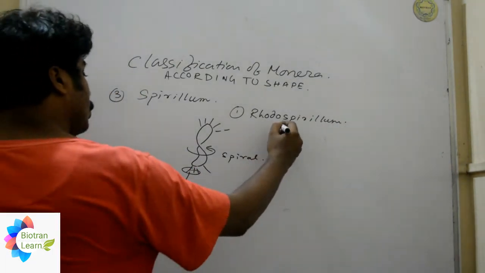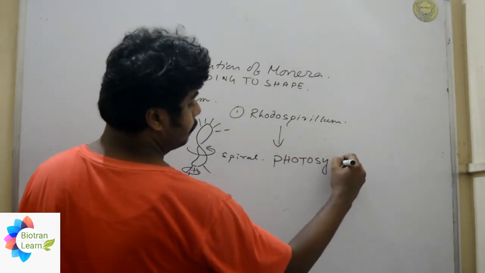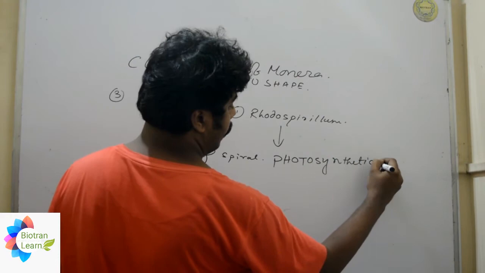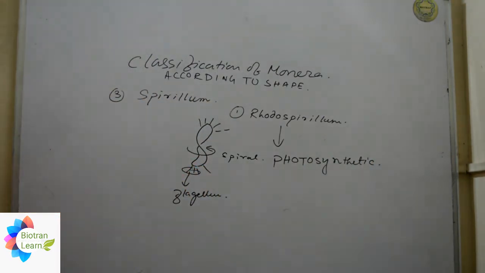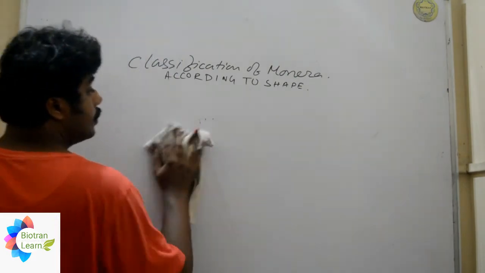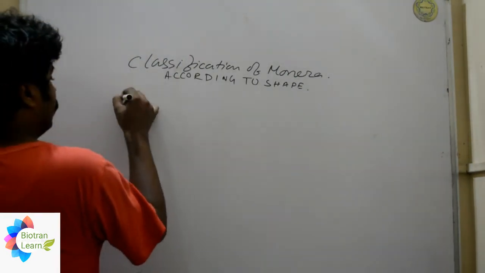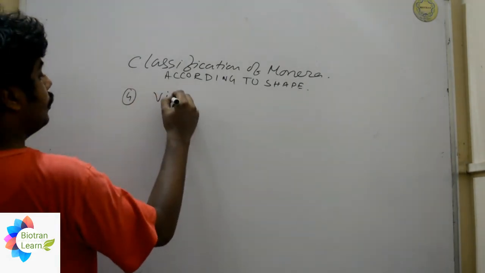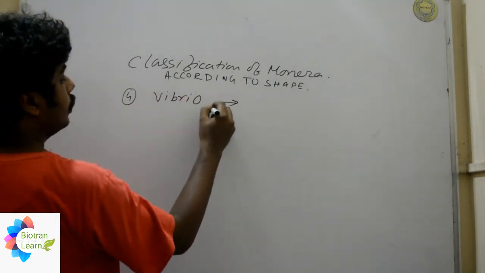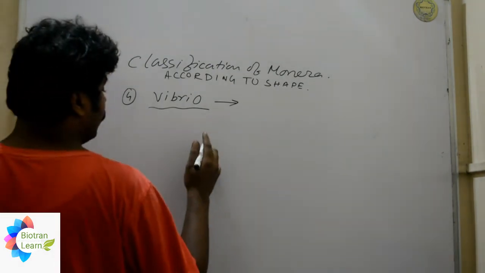This is also a photosynthetic bacteria, right? Afterwards, remember we are just going through the basic structures, right? So the next one will be Vibrio. You have heard of cholera, right? That is cholera. Vibrio.